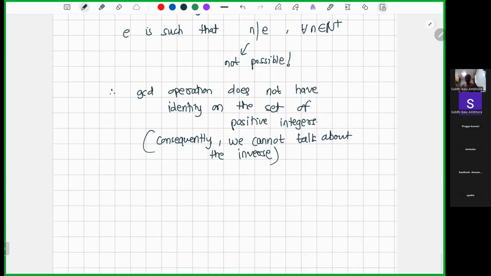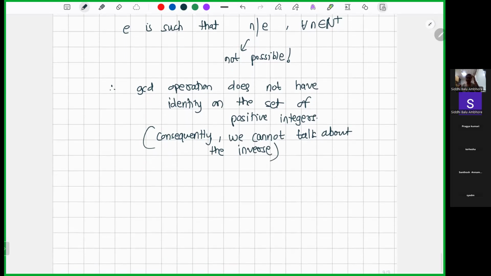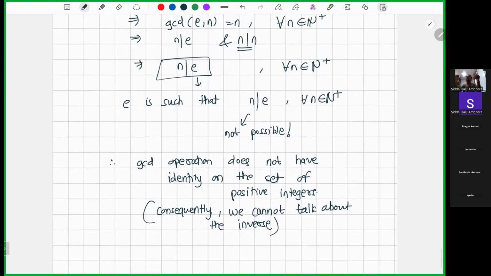We now only considered positive integers, and we discussed whether the identity exists on the set of positive integers, and we saw that the identity is not there, so we can't discuss inverse.